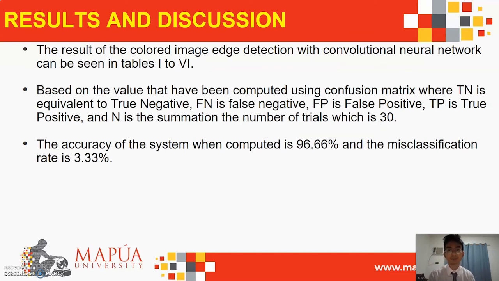So the results of the colored image edge detection with convolutional neural network can be seen in tables 1 to 6, based on the values computed using the confusion matrix with a summation of 30. The accuracy that we have is 96.66%, and the misclassification rate is 3.33%.